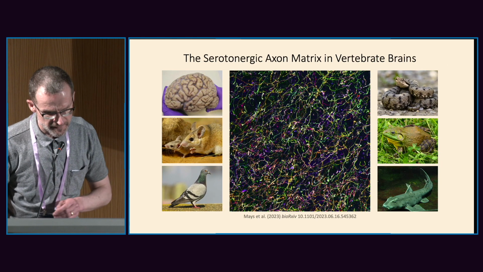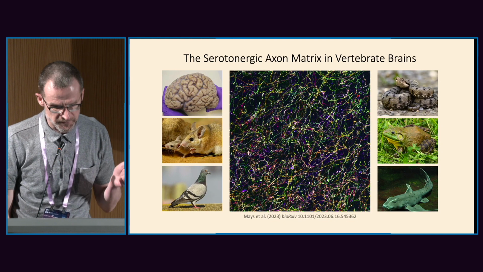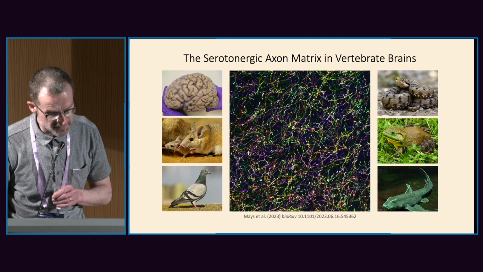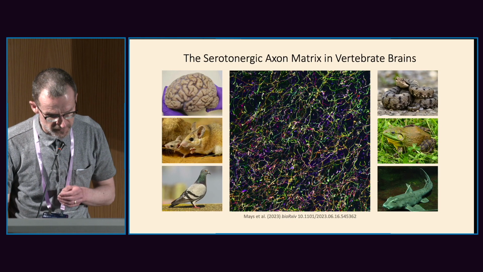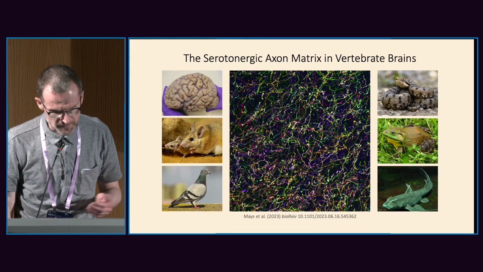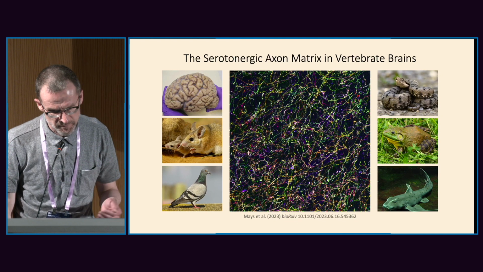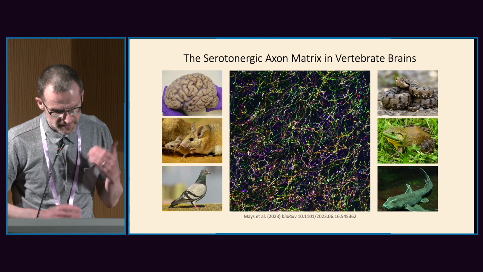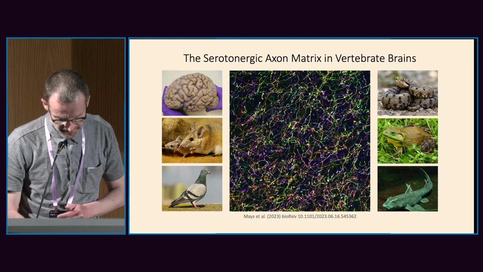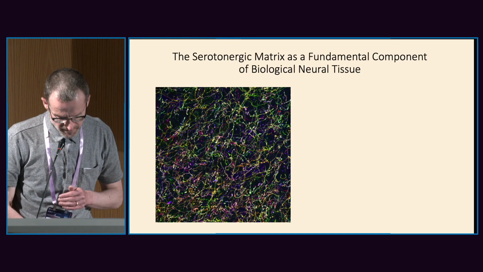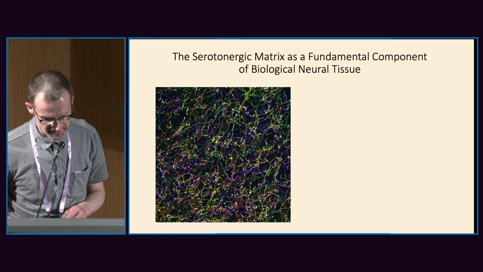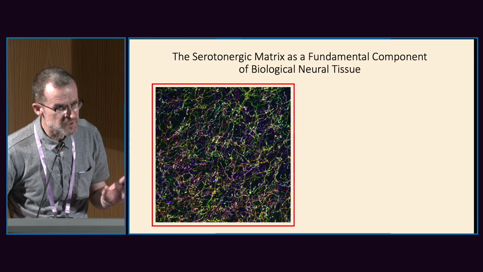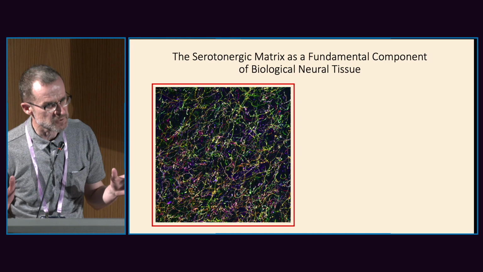The middle panel is our own image of this matrix. These fibers, or axons, have been individually labeled with different colors using the rainbow toolbox, and it shows just how dense it actually is. Because it's present in all vertebrates, it is a fundamental feature of neural tissue.